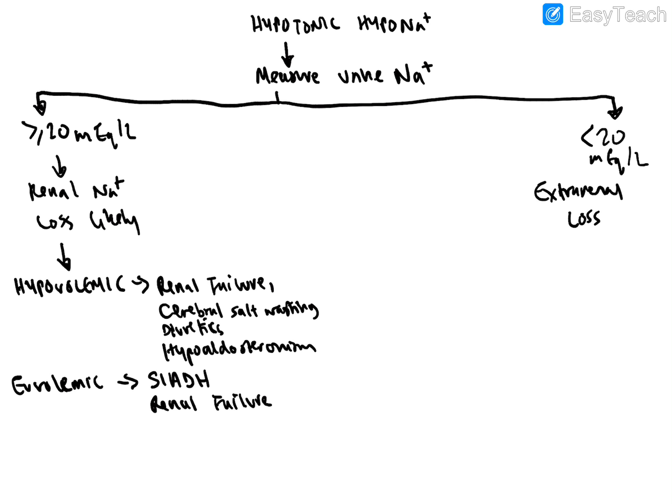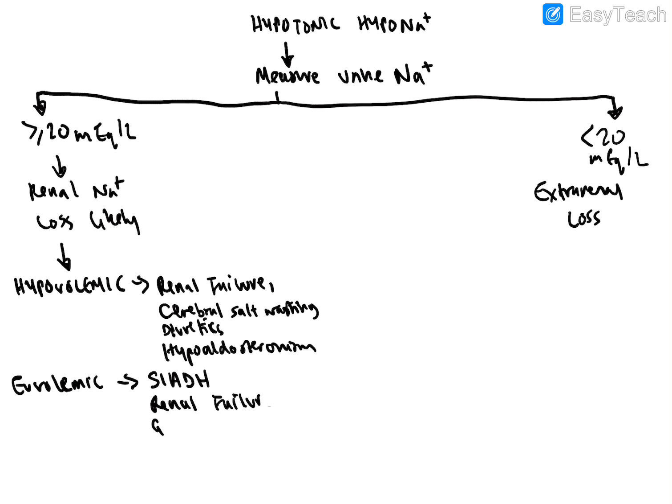So in a patient that can present with renal failure, such as elevated creatinine, elevated urea levels as well, you have to assess their volume status to determine whether the patient is having hypovolemic, hypotonic hyponatremia due to renal failure or euvolemic, hypotonic hyponatremia due to renal failure. Okay, the volume status would be important in the question.